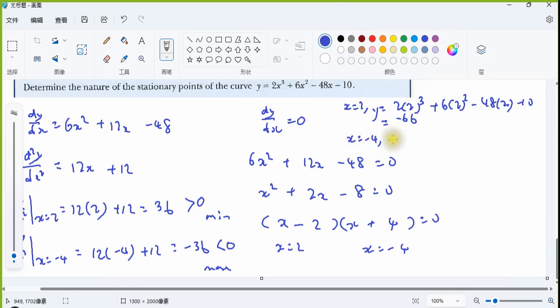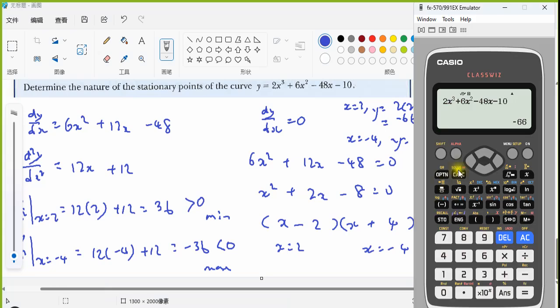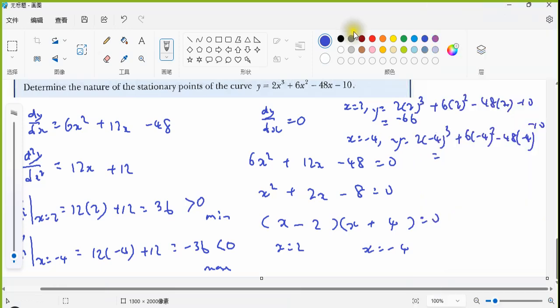When x equals negative 4, y is 2 times negative 4 cubed plus 6 times negative 4 squared minus 48 times negative 4 minus 10. Substituting negative 4, we get 150. So negative 66 is the minimum, and 150 is the maximum.